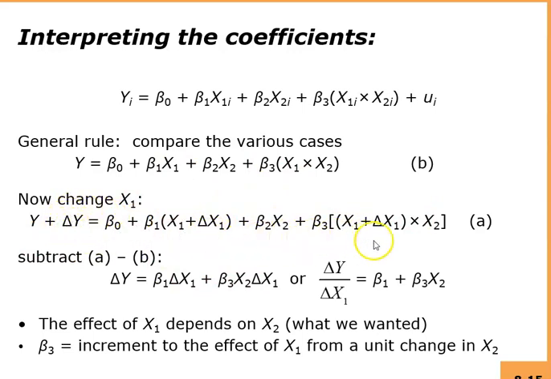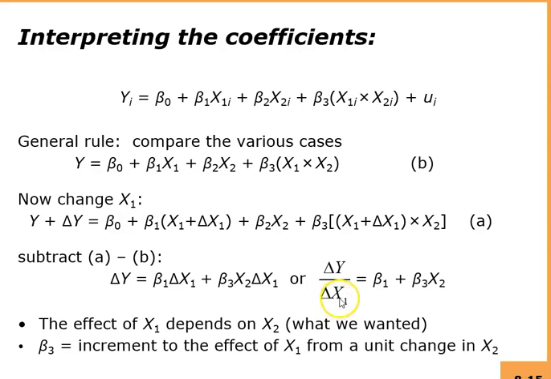So when we plug that into this equation and then subtract equation B from equation A, we get change in y equals beta 1 change in x1 plus beta 3 x2 multiplied by change in x1. Once again, if we take change in x1 common on this side and take it to the left hand side, it will become change in y over change in x1.